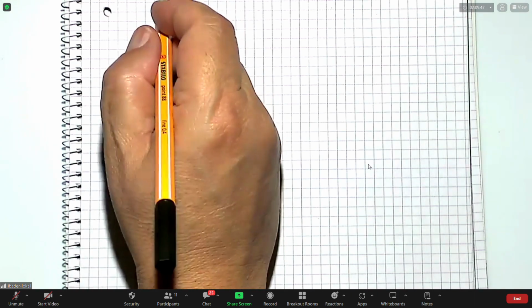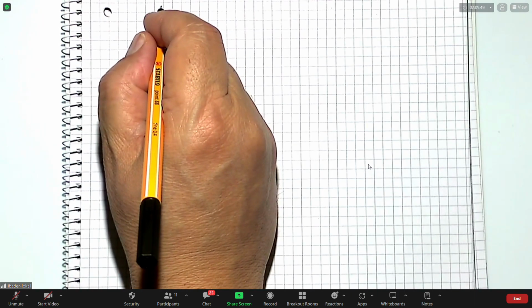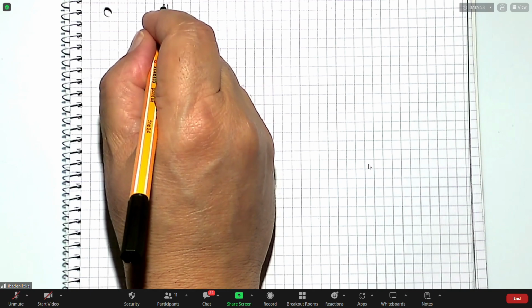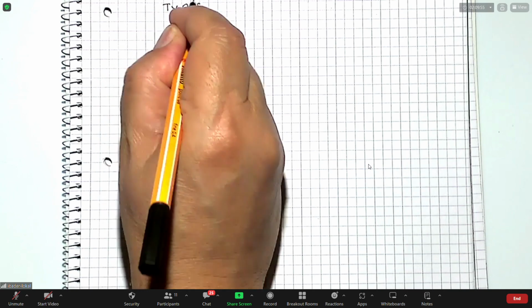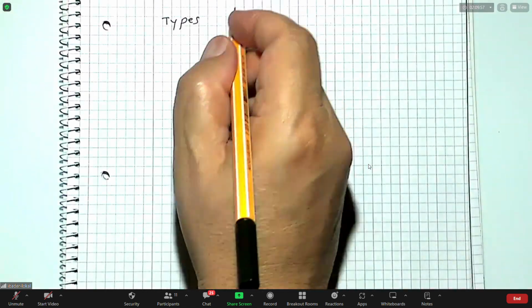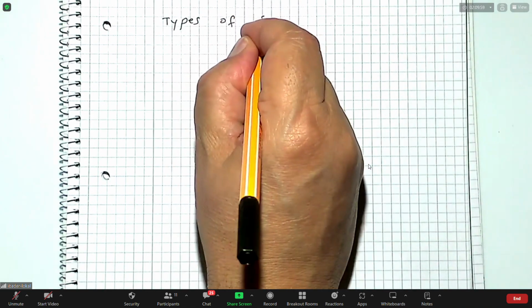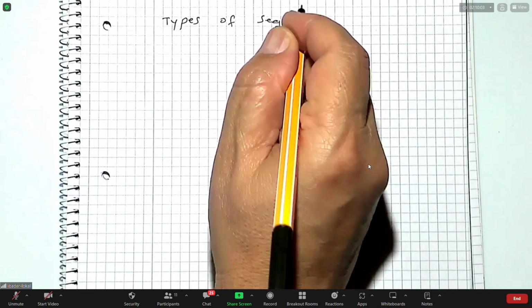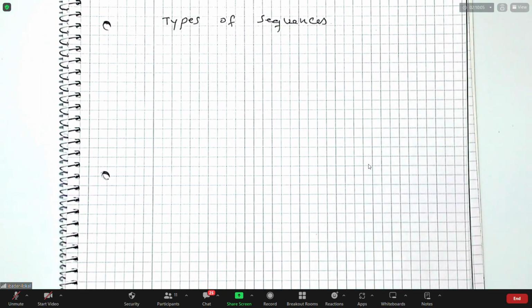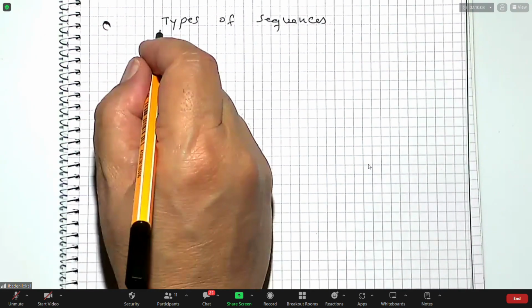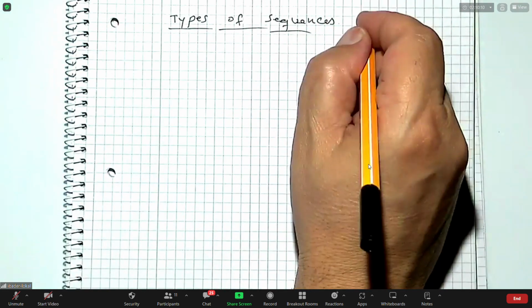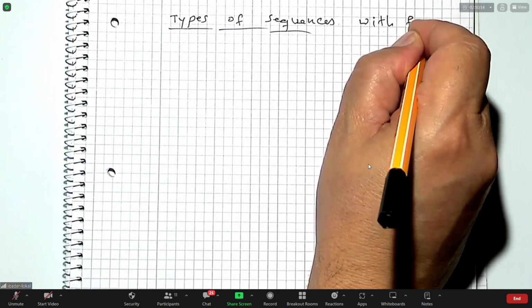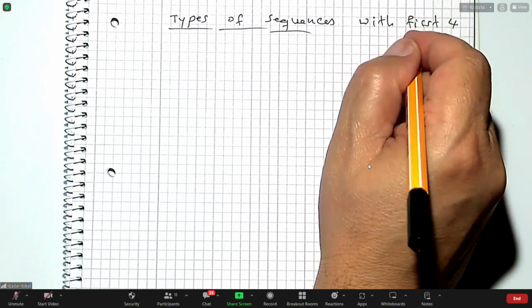So we'll have a look at basic types of sequences, and we will evaluate the first 4 terms.